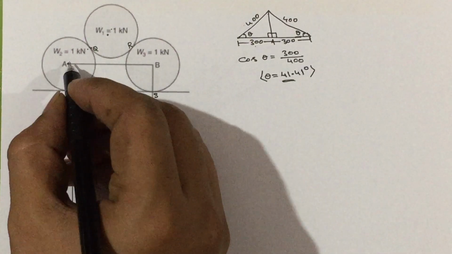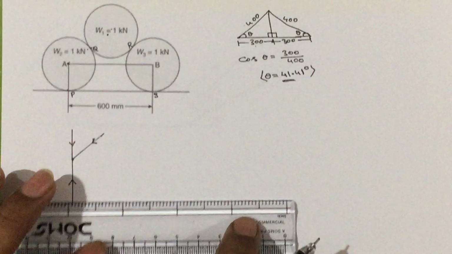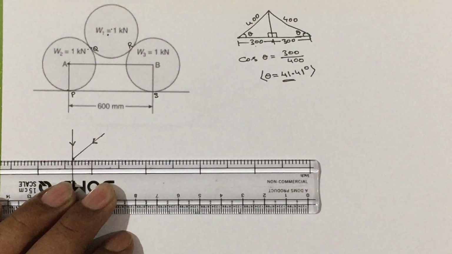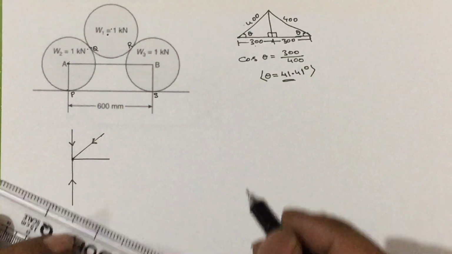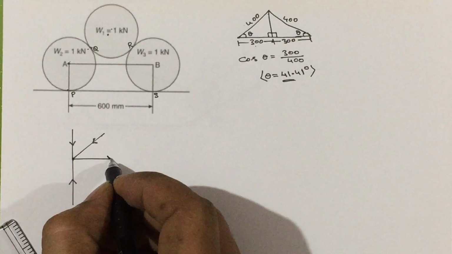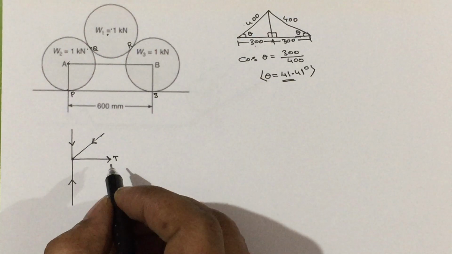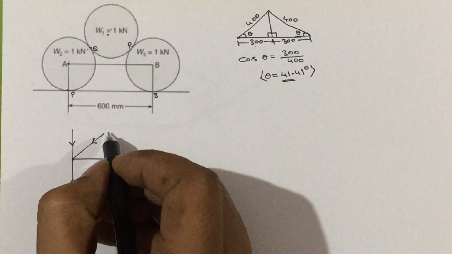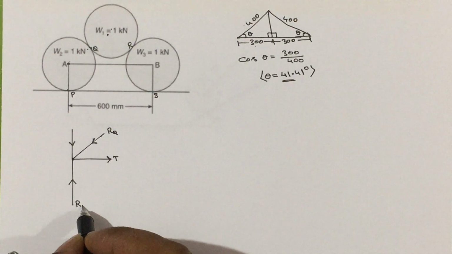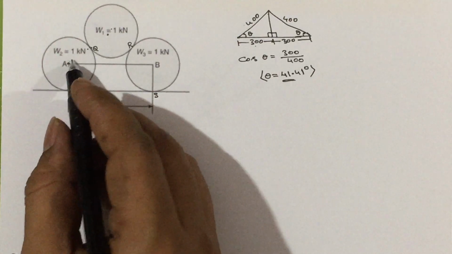As well as we have the AB string here, AB is nothing but a cable. So write that also, it is also connected to that particular point. Since it is a cable or string, it will be subjected to tension T. Then the magnitudes: this one will be T, these are the reactions RQ, RP and this will be the weight, and the weight is given as 1 kilonewton.